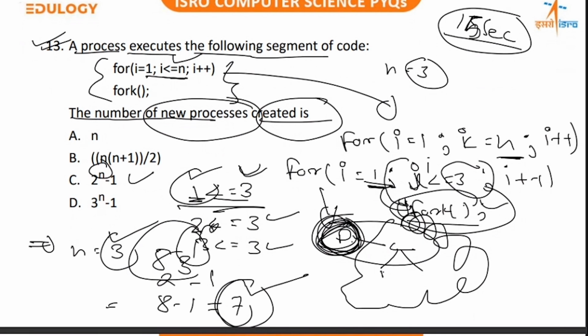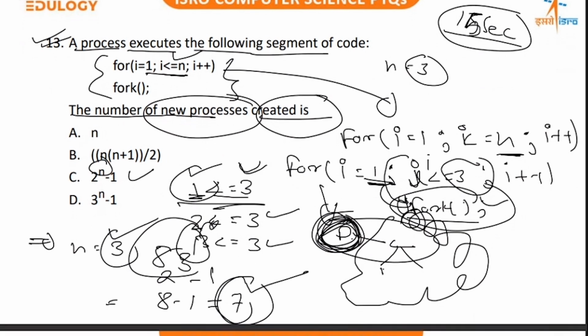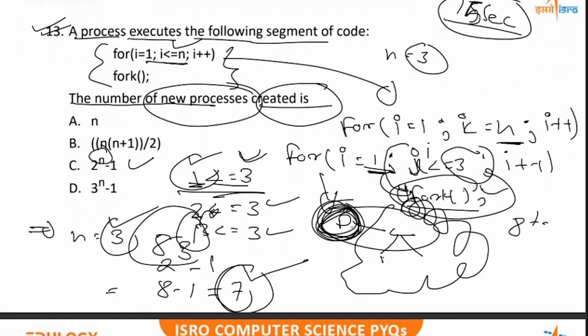Similarly, if you trace this code after putting n equal to 3, you will find the total number of processes is 8, and among the total processes, 7 are newly created. So you have to run this loop till n times, and since we are talking only about new processes, it is 2 power of n.